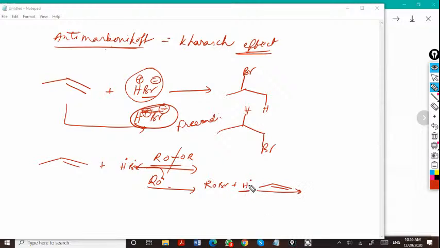When it is attacking, there are two possibilities. Hydrogen can attack here and the radical can generate here, or hydrogen can attack here and the radical can generate here. This one is primary and this one is secondary.